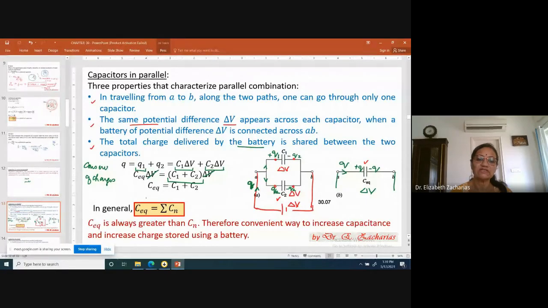Or you get C equivalent is equal to C1 plus C2. Again, remember, I've been telling you from the beginning that capacitance value cannot be negative. It's always positive. So when you connect n number of capacitors of capacitance value C1, C2, C3 up to Cn, then the capacitance of the equivalent capacitor will be simply the sum of all these capacitance values.